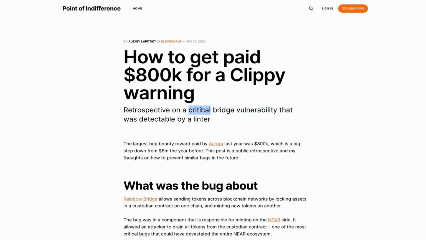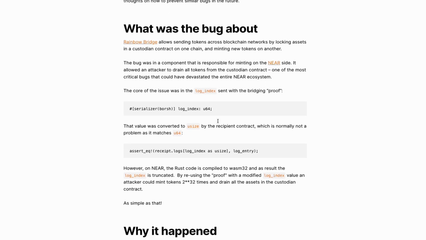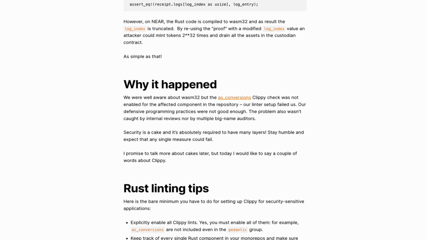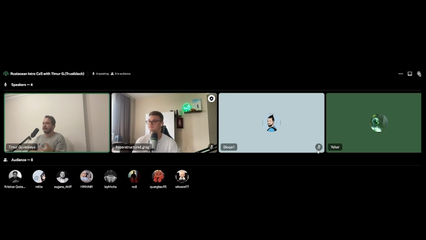I cannot tell you how many times I saw Clippy giving me a warning on some code, explaining why it's not optimal. I didn't know about this, and I actually learned a ton from it. So that could be a nice tip for anyone who is learning Rust: start using Clippy early in your journey, alongside the regular rust-analyzer, cargo check, and so on.